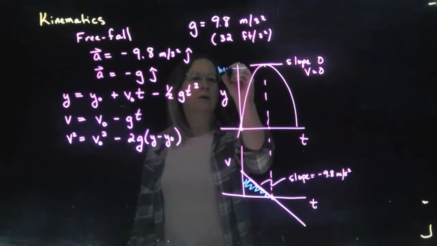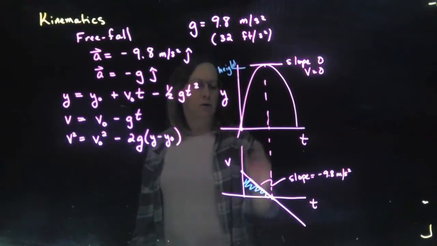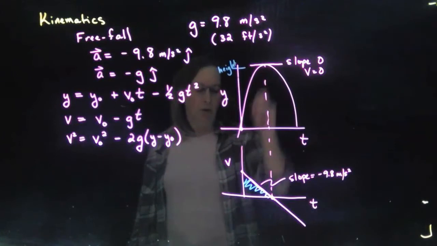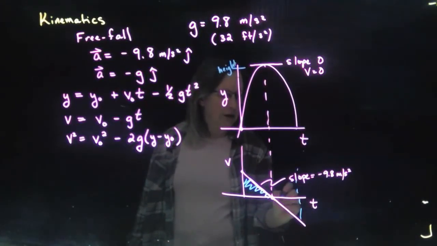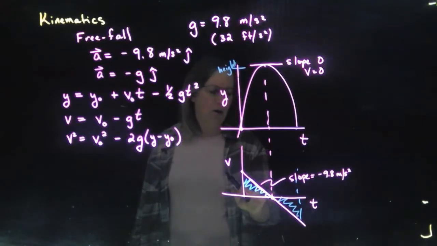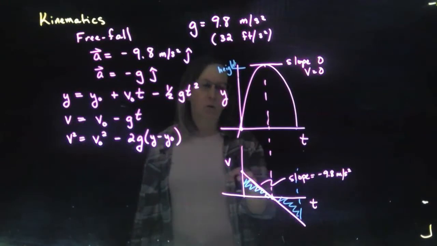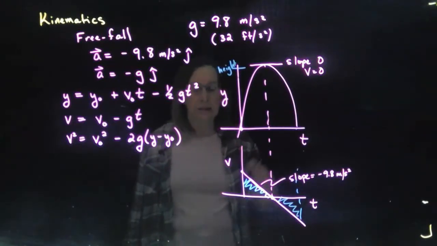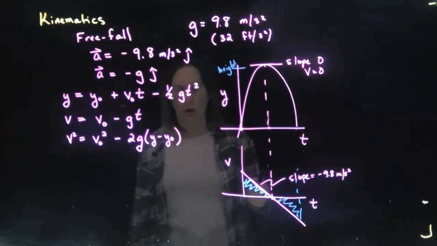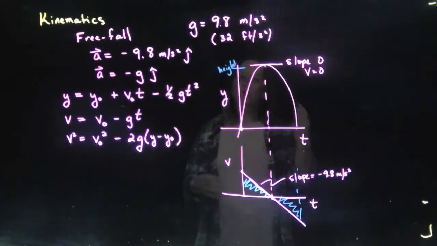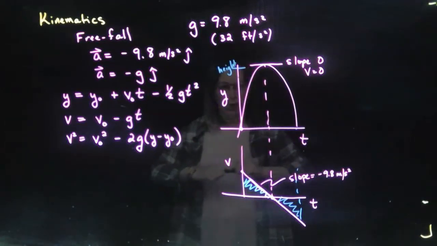This would be my height, if you like. So that would tell you how far it went from 0 to the height. But if you go all the way back to where it falls back down, notice the area under the curve, this would be positive, this would be negative, and so it would cancel out and would say it went a distance, a displacement, not a distance, but a displacement of 0 because it came back to where it started. Okay, so that's how you can get at this graphically.